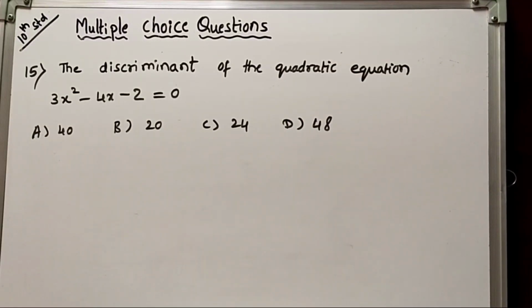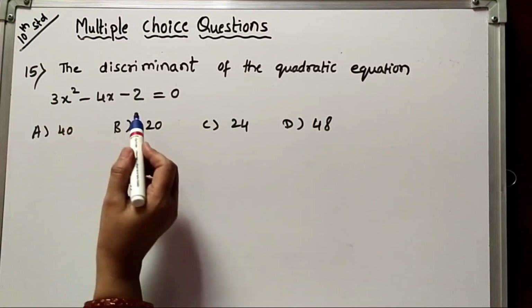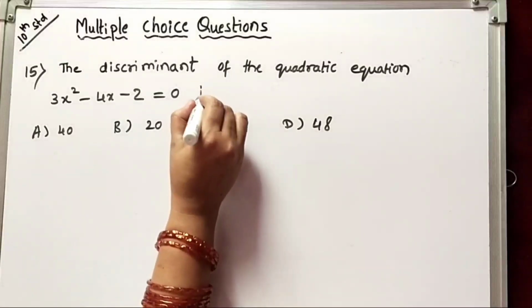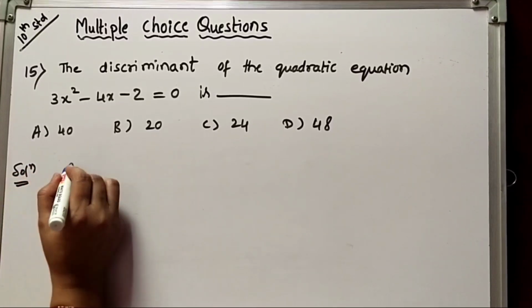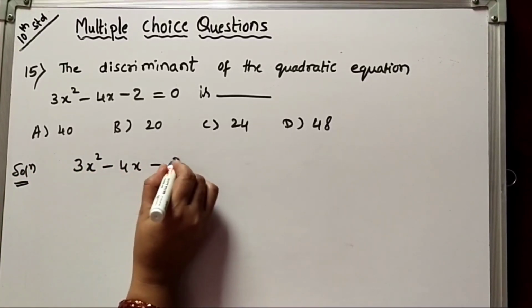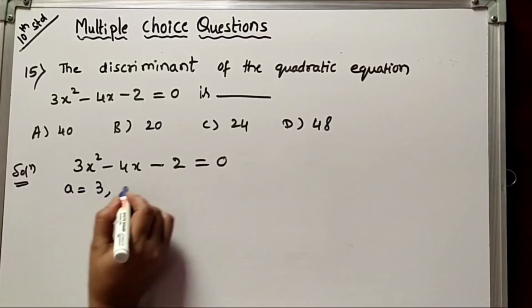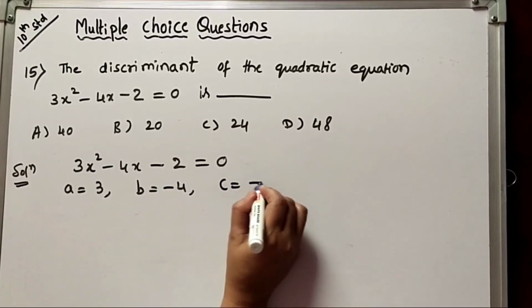Question number 15. The discriminant of the quadratic equation 3x square minus 4x minus 2 is equal to 0 is. I am writing the quadratic equation here: 3x square minus 4x minus 2 is equal to 0. Here A is equal to 3, B is equal to minus 4 and C is equal to minus 2.